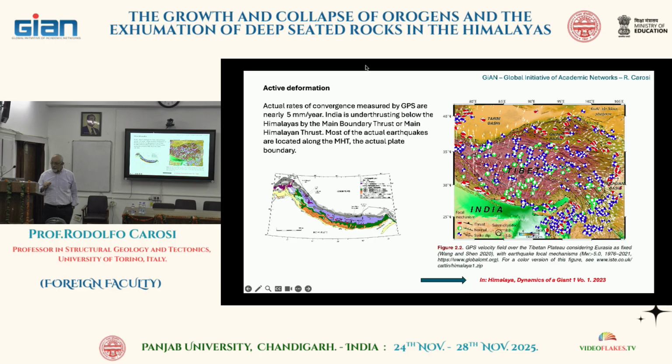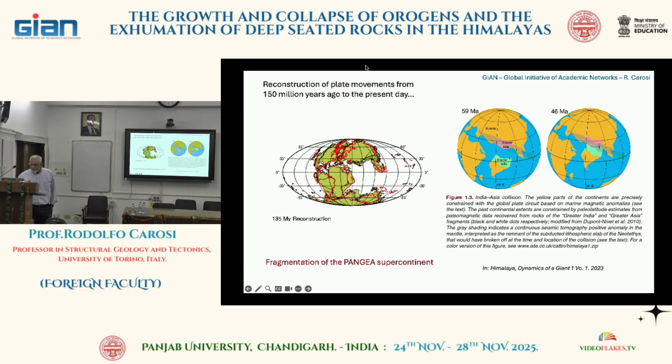There are three books in this collection, and it is written especially for master's and PhD students. I sent the PDF to Mahesh. There are several topics and it could be useful for you to go into depth on the geology of this beautiful mountain range.